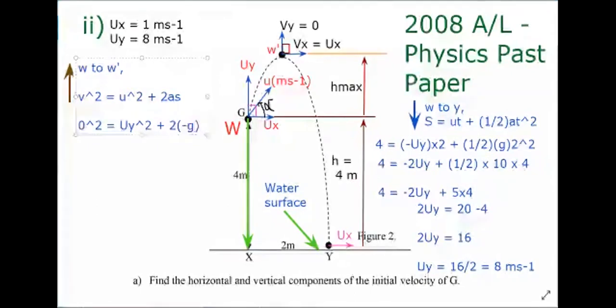The value of G is 10, so I put minus G. The vertical displacement from point W to W dash, since I am applying the equation vertically upward, is H max. So this is H max, right?